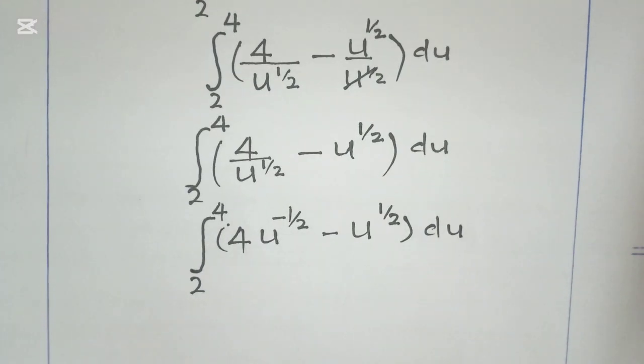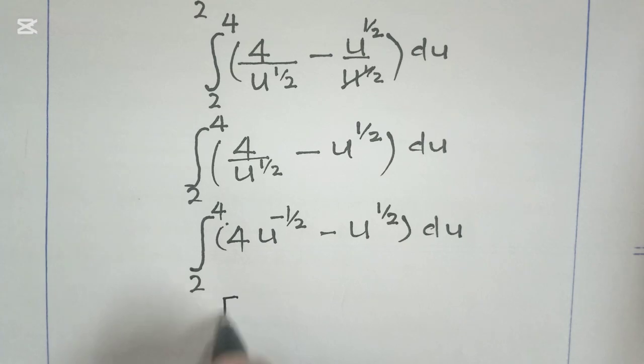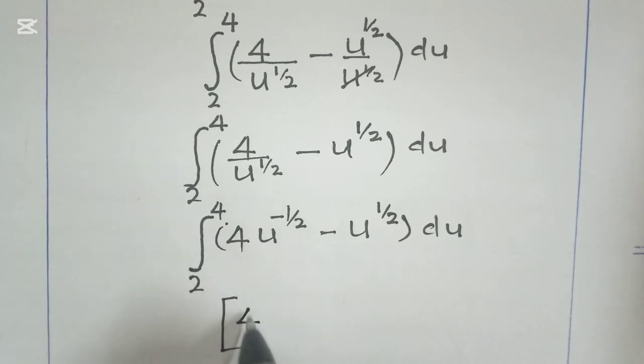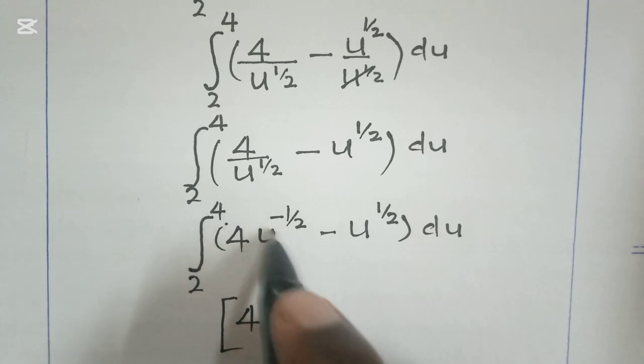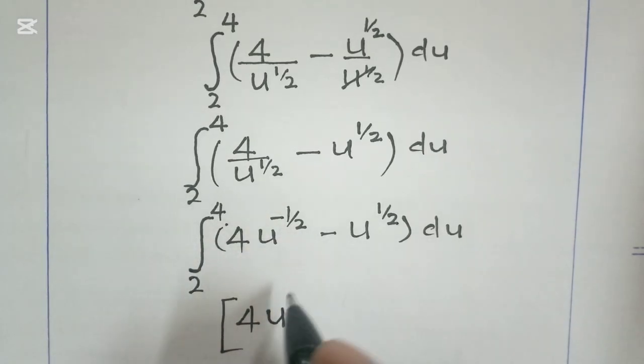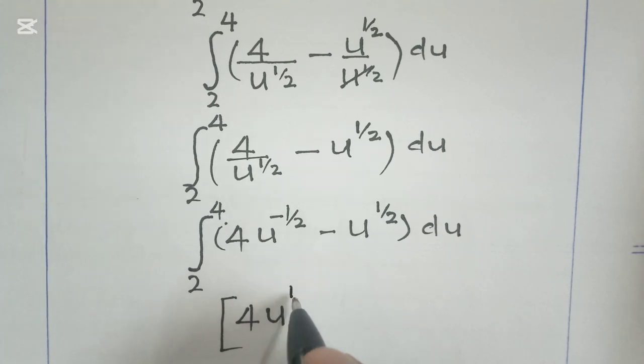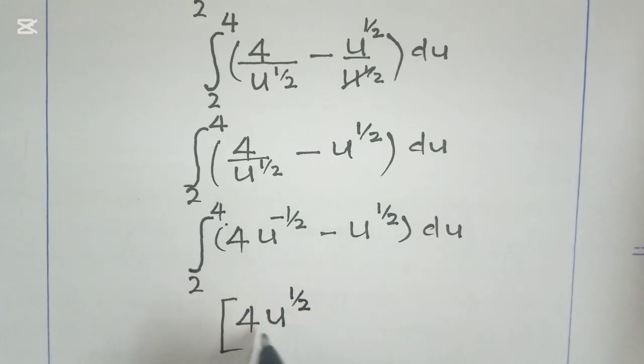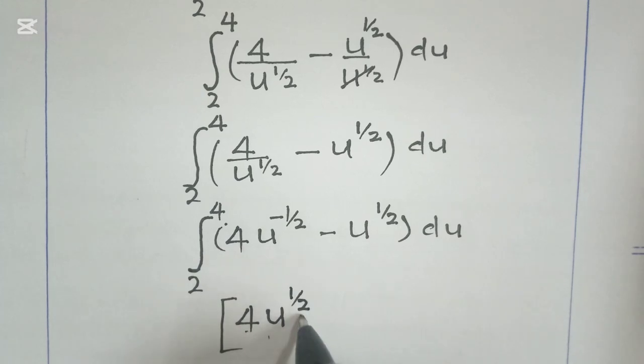So with that, we can now integrate. Integrating that, we will have 4, then u, you add 1 to the negative a half, you get a half. So here you shall have u raised to a half, and down here you shall have a half, so you would have to multiply by 2.